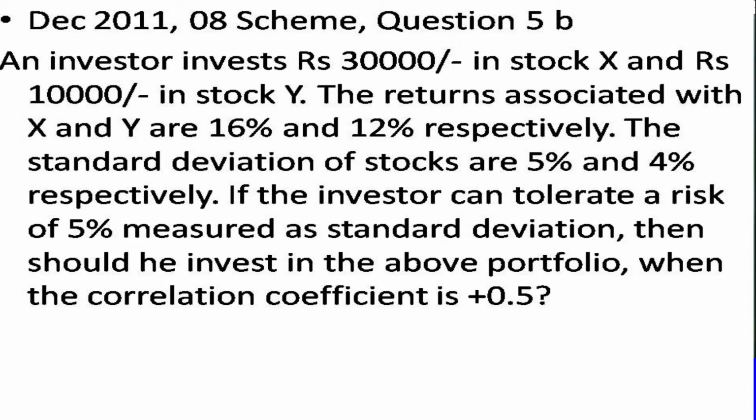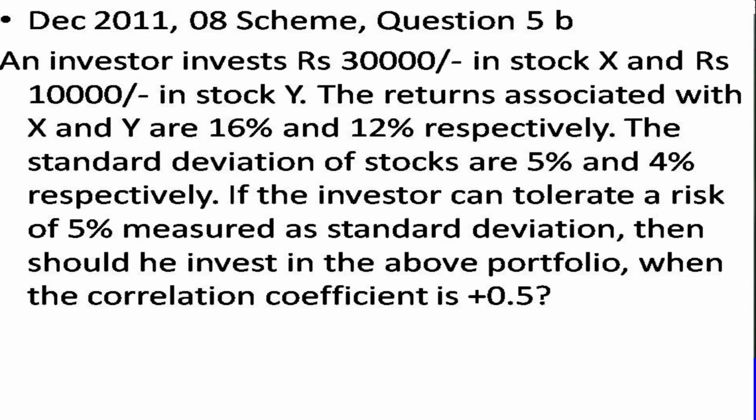And if the investor can tolerate a risk of 5% measured as standard deviation, then should he invest in the above portfolio? So measure of tolerance of risk is, they have said 5%. Tolerance of risk is 5%.